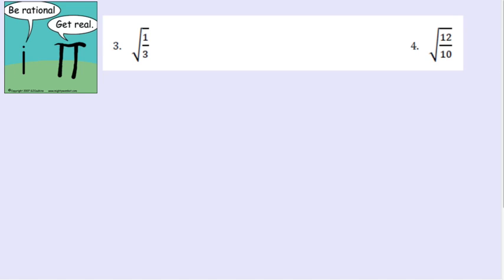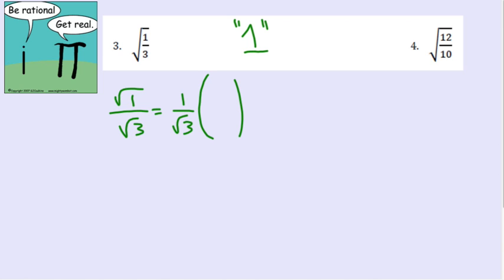So if I look at number 3, I get square root of 1 over square root of 3. Square root of 1 is easy. That's just 1. Got a square root in the denominator. Here's all I do. I multiply by 1, excuse me, square root of 3 over square root of 3.